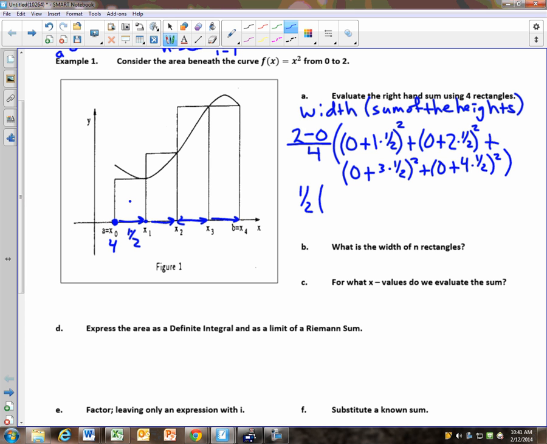That ends up being 1/2 times, what's 1/2 squared? 1/4. 2 times a half, only because we were doing 4 rectangles, is 1 squared, I'll write that as 4/4. 3 times a half is 3 halves, squared is 9/4. 4 times a half squared is 16/4. 1 plus 4 is 5, plus 9 is 14, plus 16 is 30. 1/2 times 30 over 4.